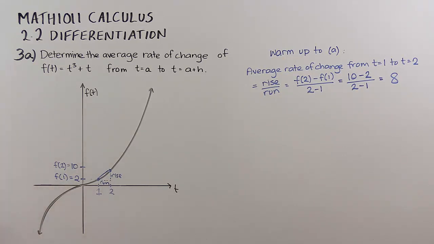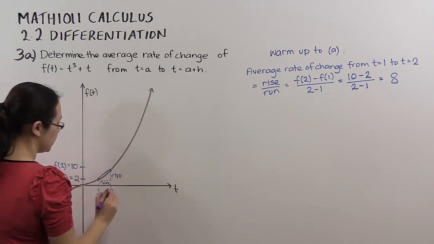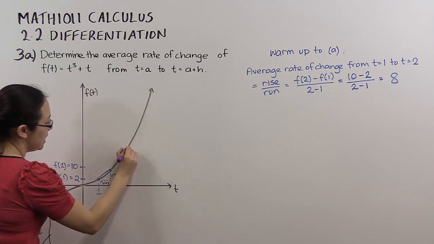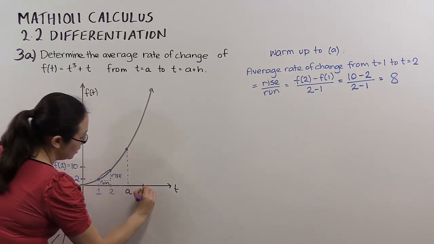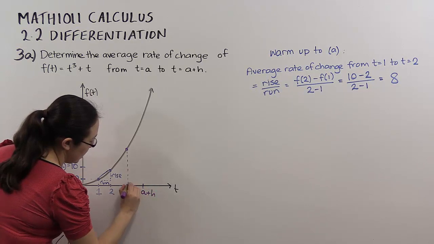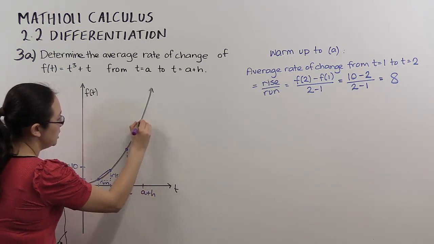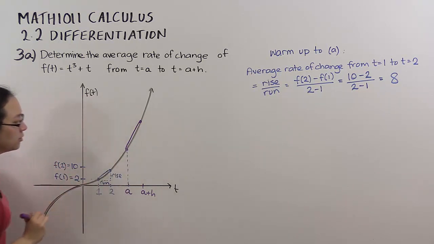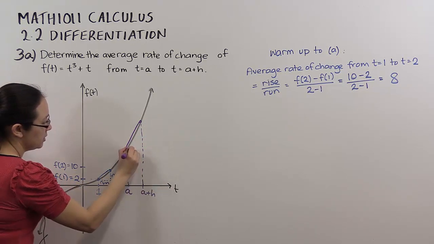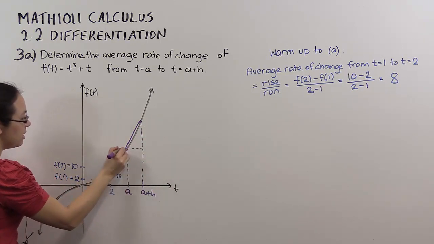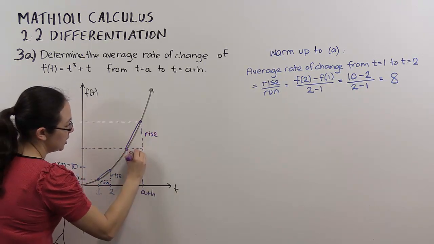Now if I want to do it more generally, I want to go from t equals a to t equals a plus h. So let's say we had a somewhere here, and we want to be h away over at a plus h. So the average rate of change is the gradient of this chord here. If we want the gradient of that chord, then we need the change in the y value divided by the change in the x value.